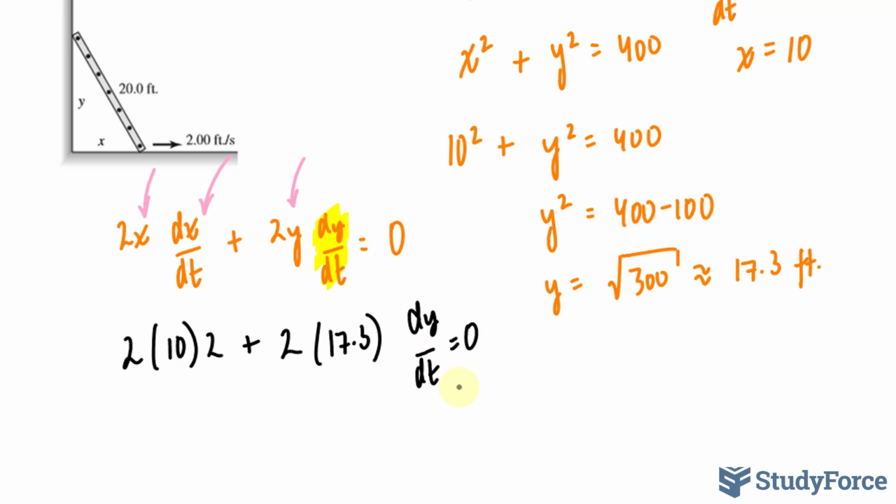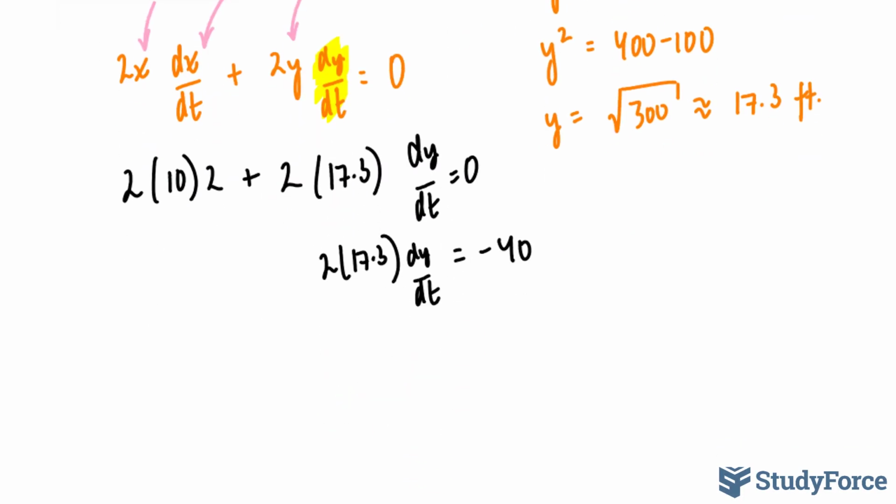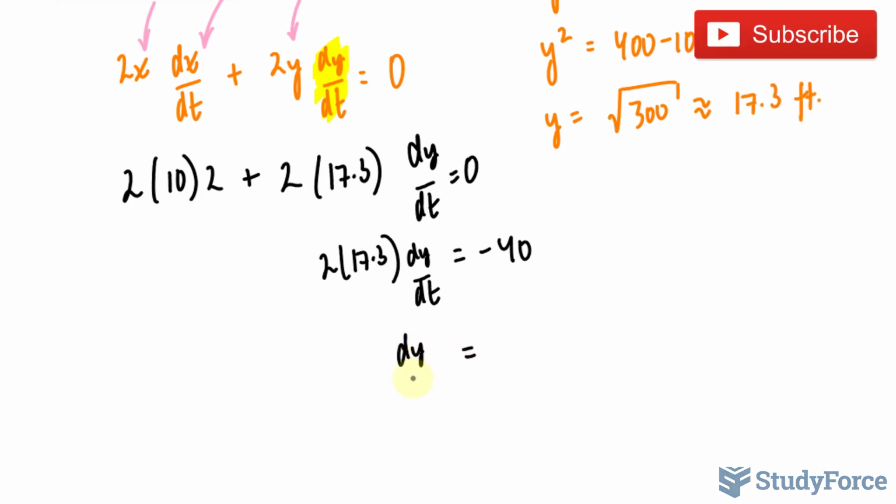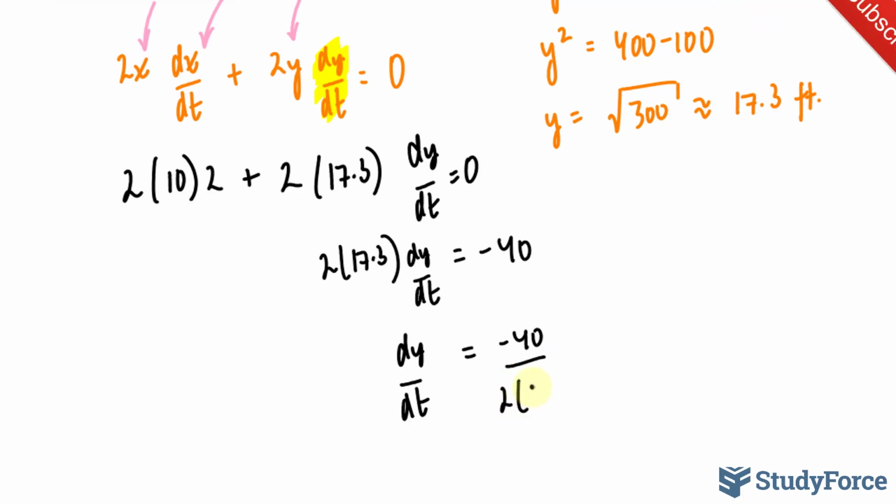All we have to do now is isolate for dy over dt and we're done. 2 times 10 times 2 is 40. Bringing it over makes it negative 40. On the left side we still have 2 times 17.3 dy over dt. dy over dt is equal to negative 40 over 2 times 17.3.